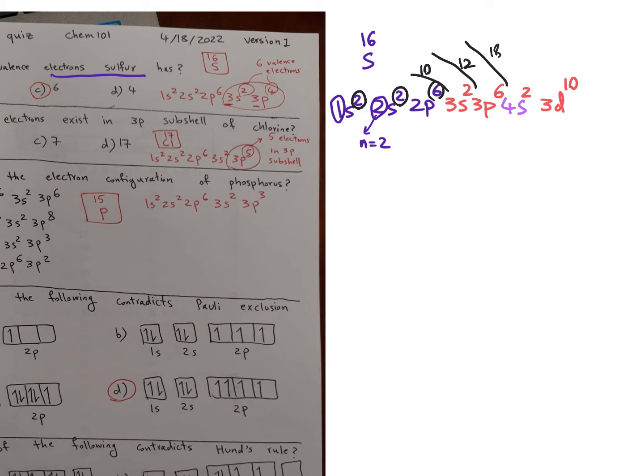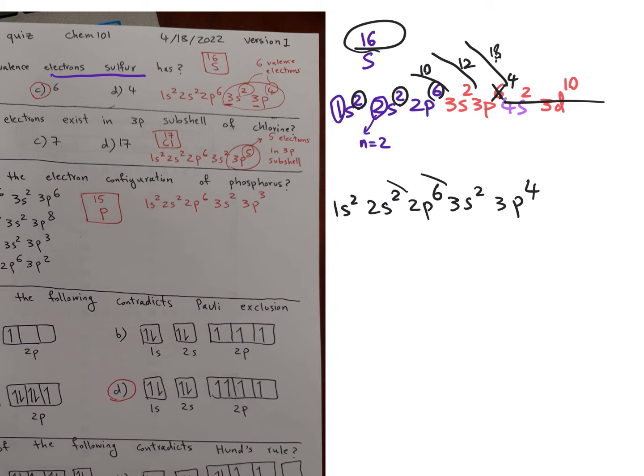So first of all, I don't need to have these. And then here, I want to have 16 electrons overall. I have 18. So how many should I put here instead of 6? 4. Exactly. So let me write that again nicely. 1s2, 2s2, 2p6, 3s2, 3p4. Let's count. 2 and 2 is 4, 4 and 6 is 10, 10 and 2, 12, and then here I have 16 electrons, okay?